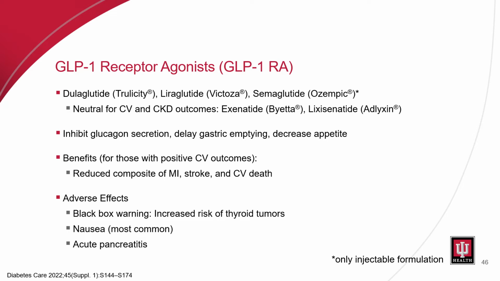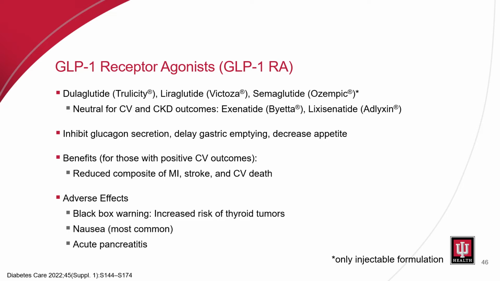Nausea is by far the most common side effect that I see with this medication, and this is dose dependent. So potentially you can have somebody on a low dose GLP-1 receptor agonist and still get some benefit from it. And acute pancreatitis. Whenever I have somebody with a new pancreatitis, I look at their med list and see if there's a GLP-1 receptor agonist that could be potentiating it.